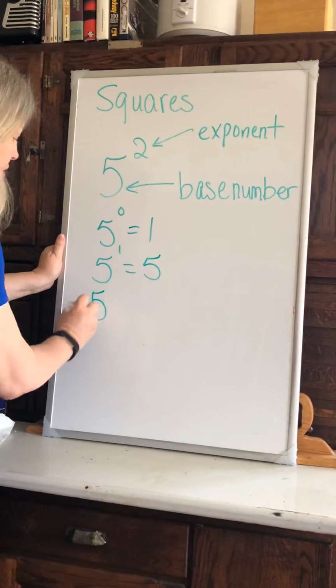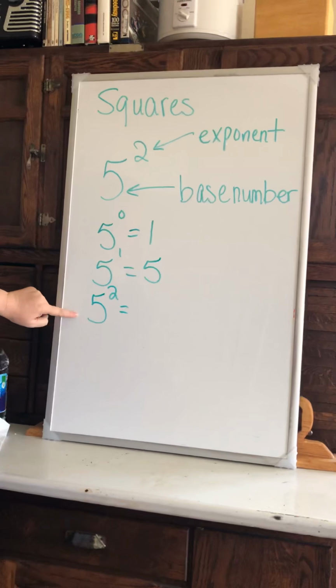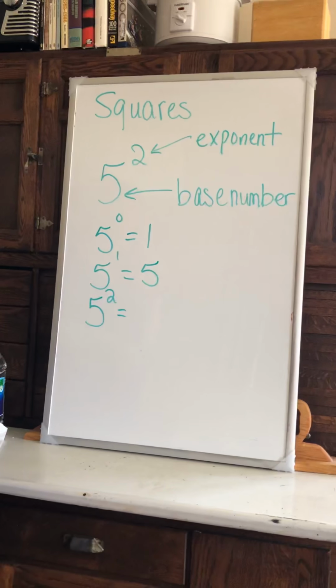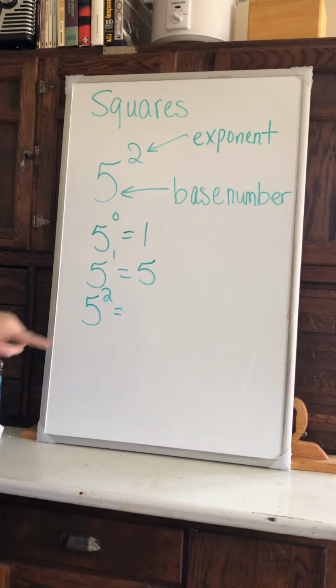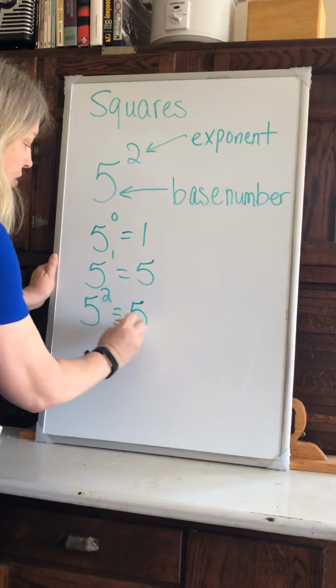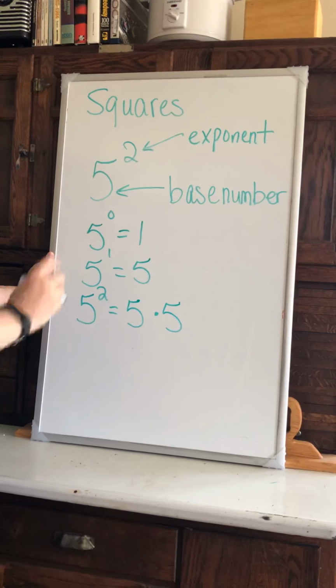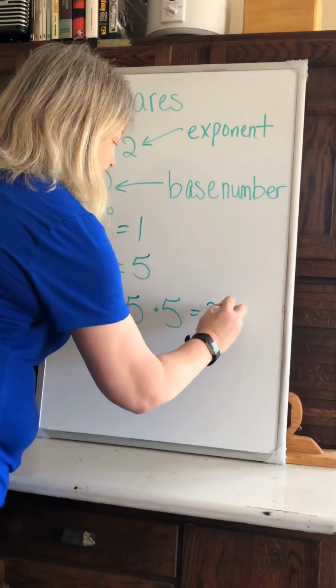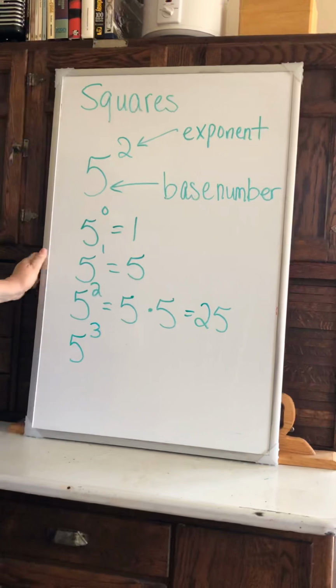Now, this goes by 2 different names: 5 to the second power, or you can call it 5 squared. So you want to take this 5, write it twice, put a multiplication sign in it. 5 times 5 is 25. Now, 5 with a 3.